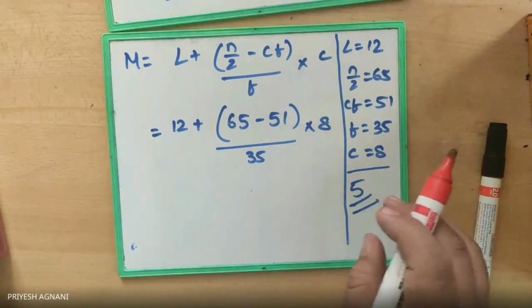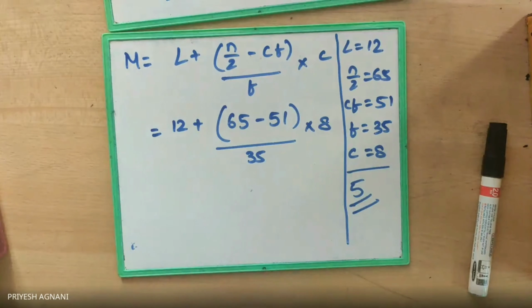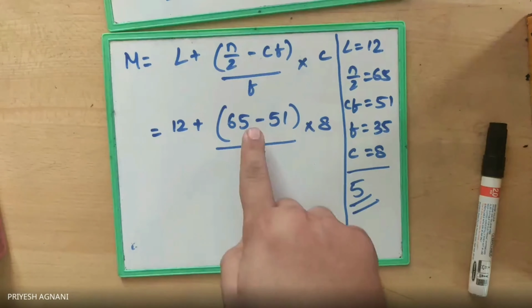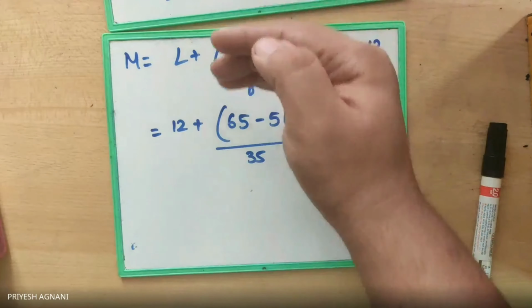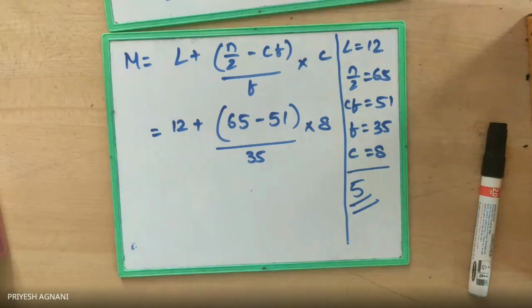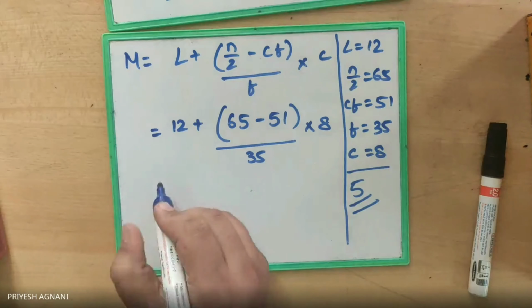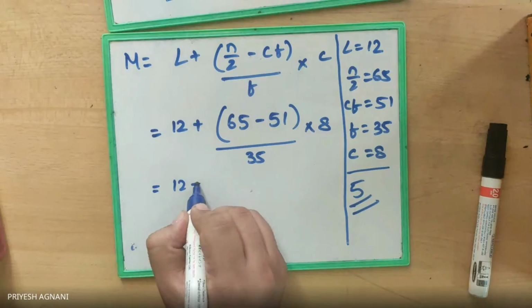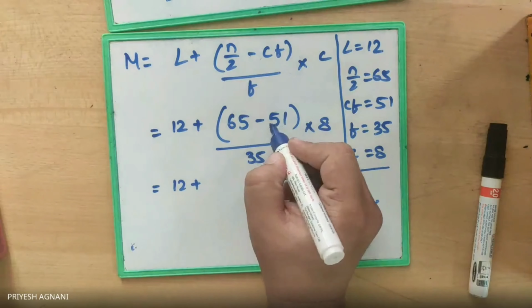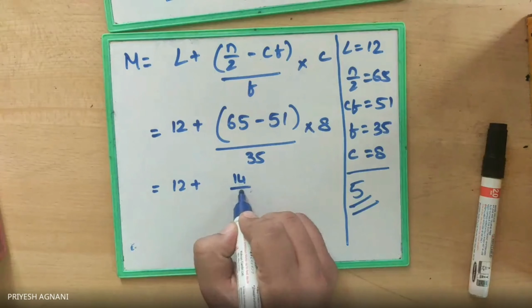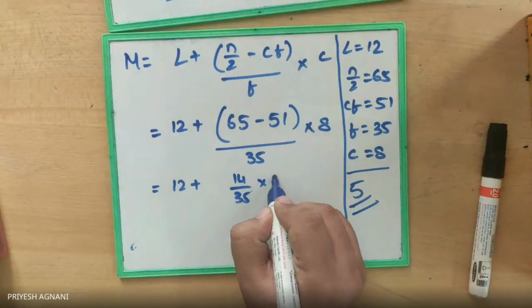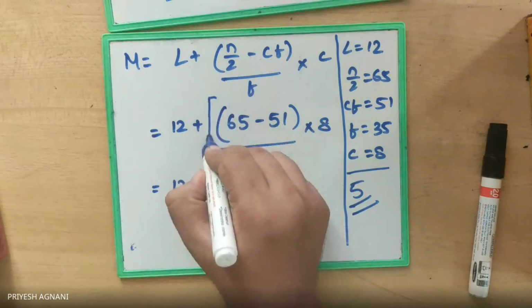Don't do it like this. First put all the values into the formula. After putting all the values in, solve the first bracket on the top. So the second step will be 12 plus 65 minus 51, that is 14, upon 35, multiplied by 8. This is totally a different bracket.